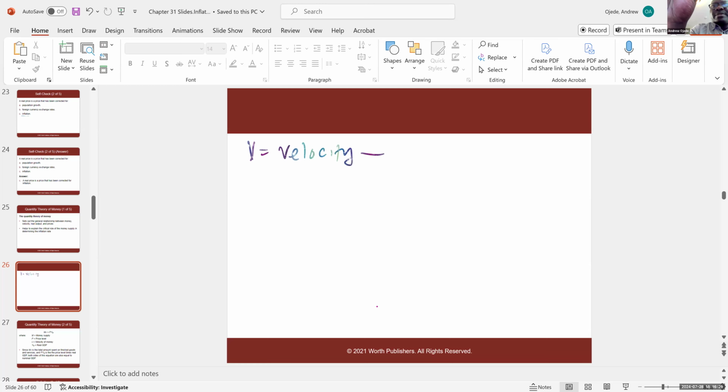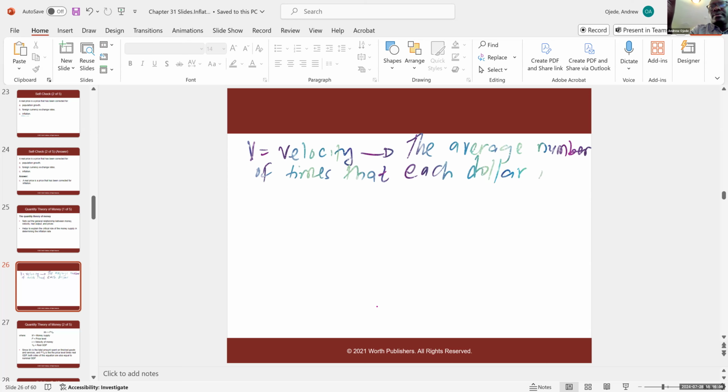And velocity is going to be defined as the average number of times that each dollar bill is spent.